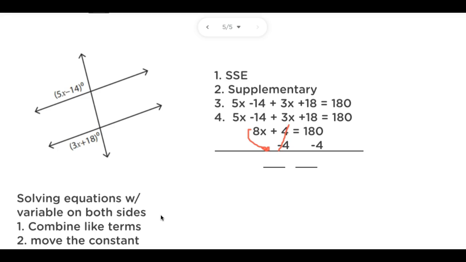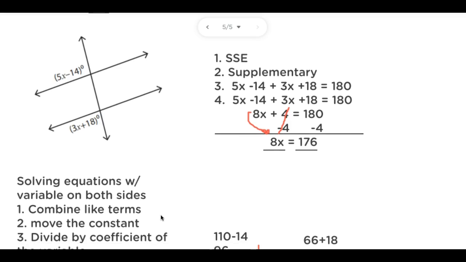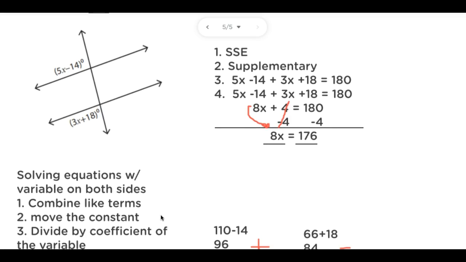Let's go ahead and get my selection tool. Our 8x is just simply going to drop down. 8x equals, and 180 minus 4 is 176. Now that brings us to our third and final step here, which is going to be the same. We're going to divide both sides by the coefficient of the variable.